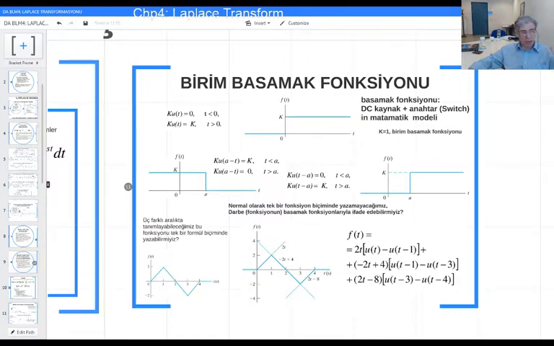That means the sources are not connected to the circuit, to the equipment. When you switch it to the on position, independent sources are connected to the equipment. All electronic equipment has got that switch on it. So this is the mathematical model of that switch.